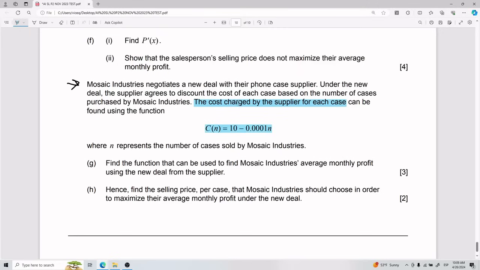Okay, so this is the new cost charged for each case, where n represents the number of cases sold by Mosaic Industries. And through this, we need to find the function that can be used to find Mosaic Industries' average monthly profit using the new deal from the supplier.